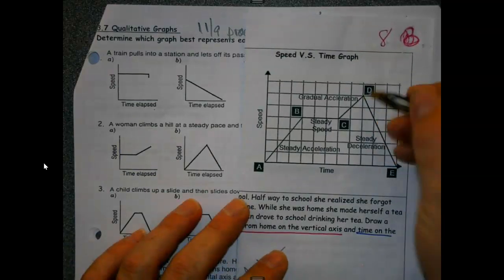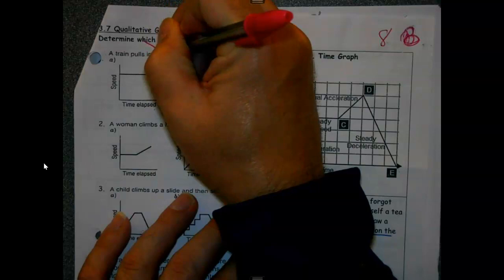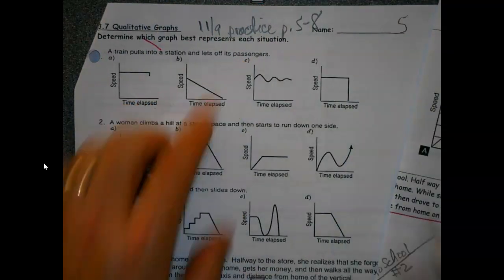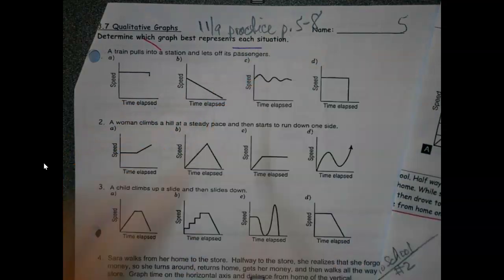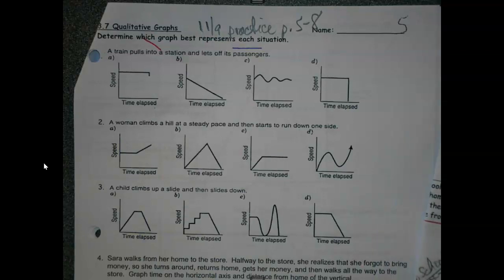If you're pulling in, you're slowing down. So you're like, okay, I'm slowing down. And then when I let off the passengers, I hope they stopped. If they didn't, that's going to be a problem. So which one of those graphs most looks like I'm slowing down and then I'm stopping?